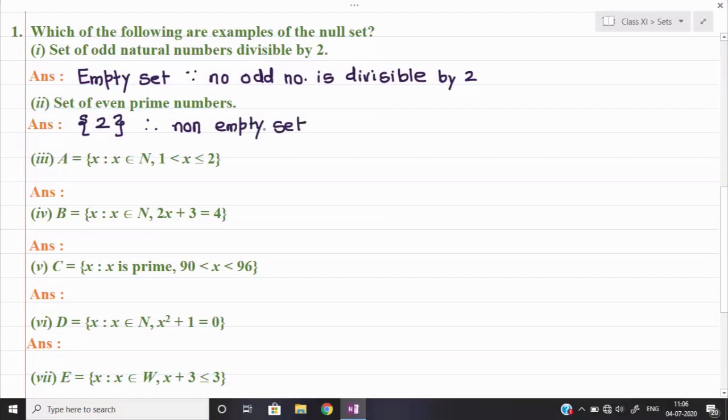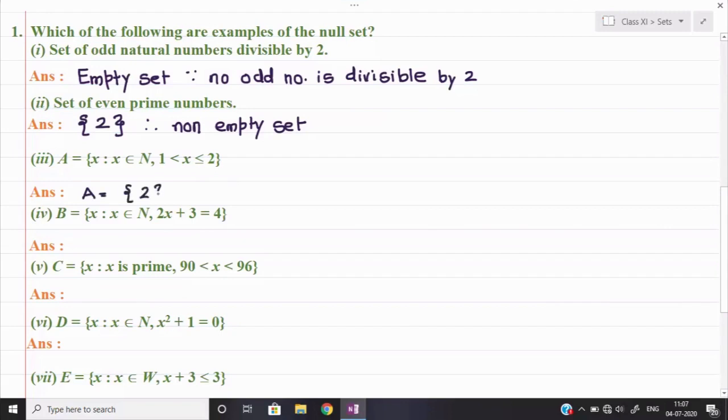Similarly, let us see part number 3. In part number 3, they are saying x is a natural number, x belongs to N, and the value of x is more than 1 but less than or equal to 2. See the sign here, it is given less than or equal to 2. If it were given less than 2, then 2 could not be taken. But since the sign is less than or equal to 2, we can take one element in the set A, that would be 2, because the number should be more than 1.